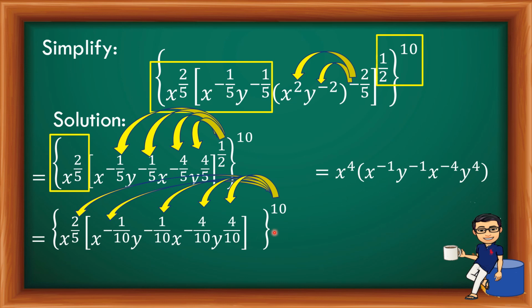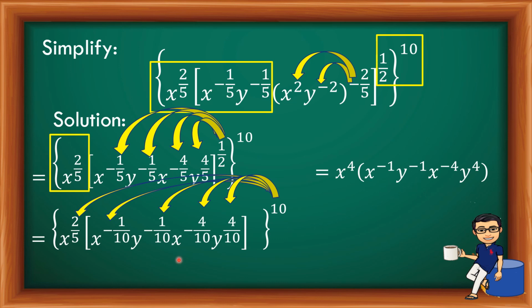Then this one, x raised to negative 1/10 times 10: 10 times negative 1 is negative 10, divided by 10 is negative 1. So this x became x raised to negative 1. Same as y raised to negative 1/10 times 10. They are the same, so it becomes y raised to negative 1.